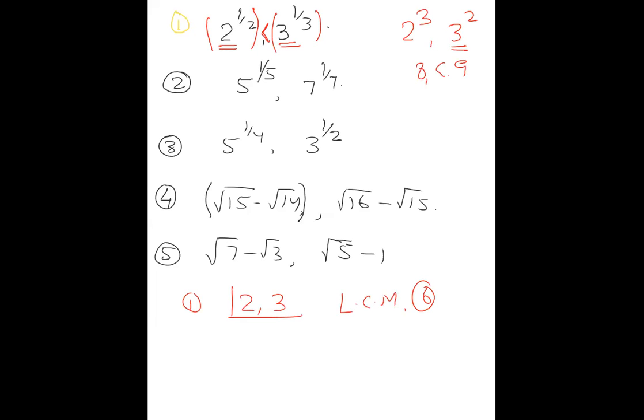Similarly, for the second one, LCM. 5 to the power 1 by 5 is our answer, it is bigger. Very good. Giving power 35, so we are getting 5 to the power 7 and 7 to the power 5.